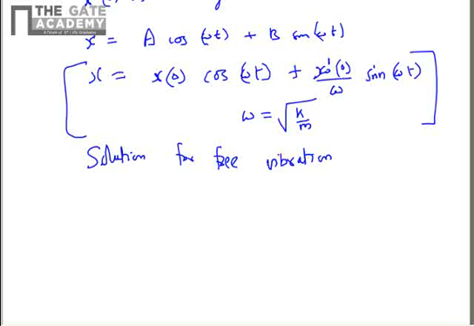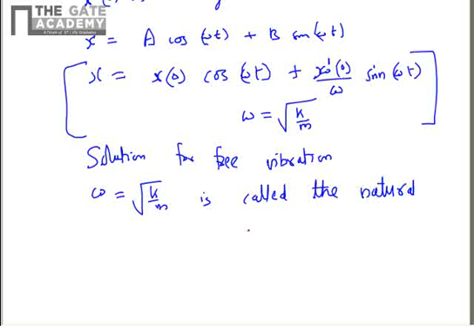With this solution, if you know the initial condition of the system, x0 and x dash 0, you can get the displacement, velocity and acceleration at any point of time. And the term omega, equal to square root of k by m, is called the natural frequency of the system.